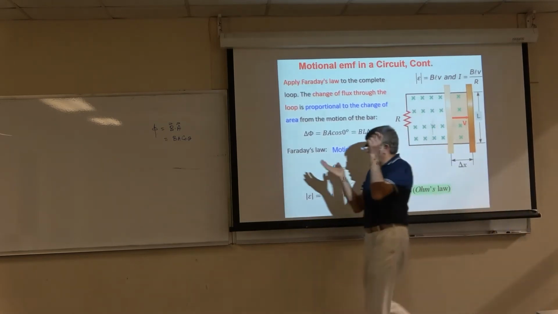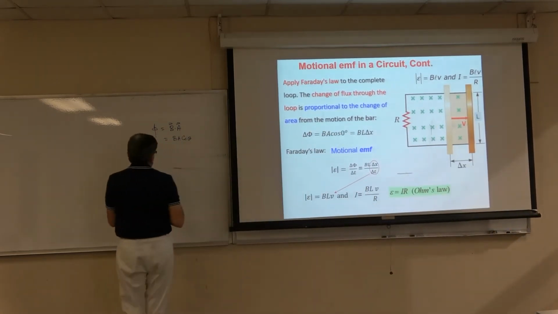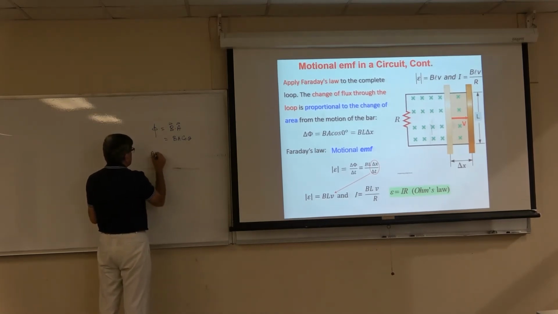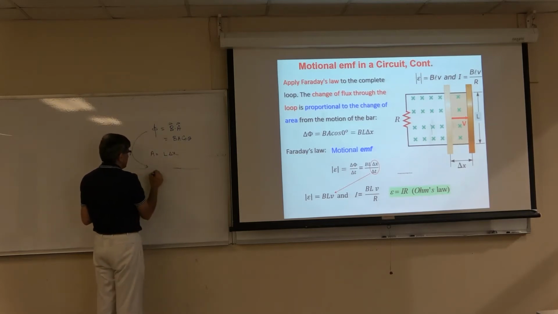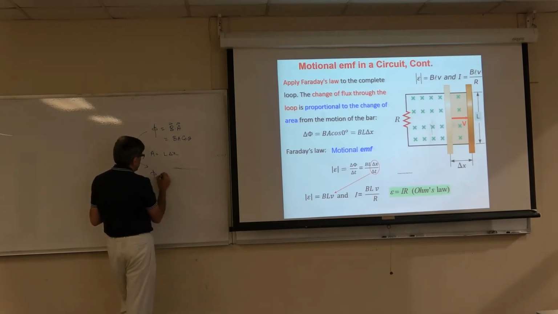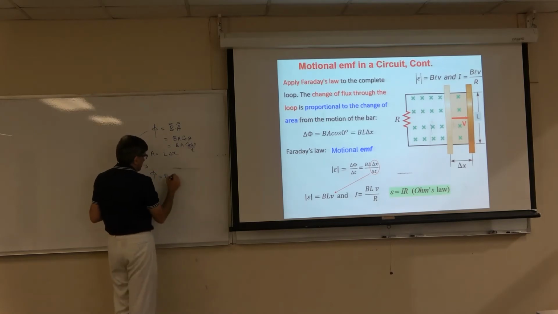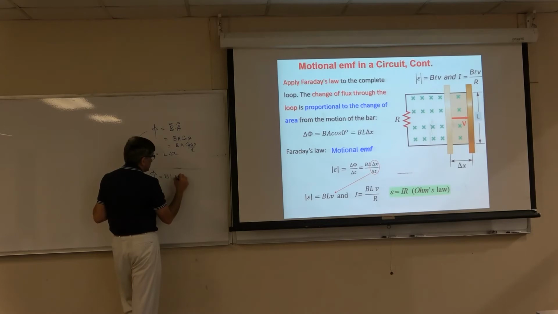The length of the bar remains the same, so I can write this area as L times delta x. Let's do a little bit of math. The magnetic flux phi is B times area, and since cosine of 0 is 1, it is B times A, where the area is L times delta x.